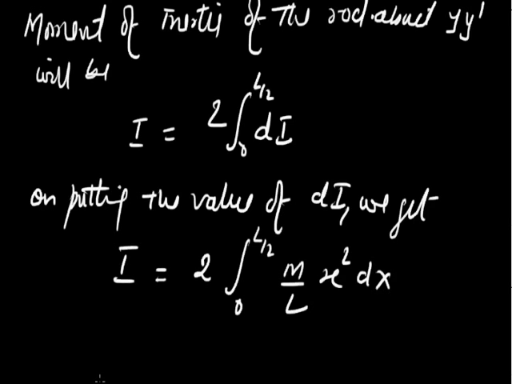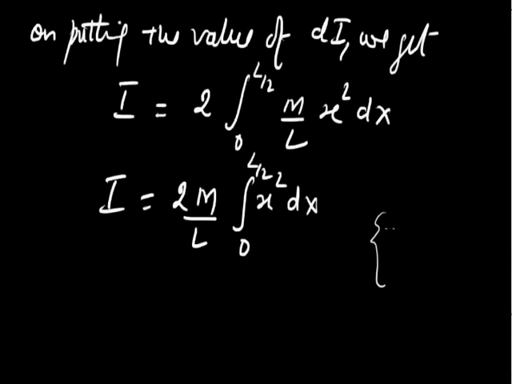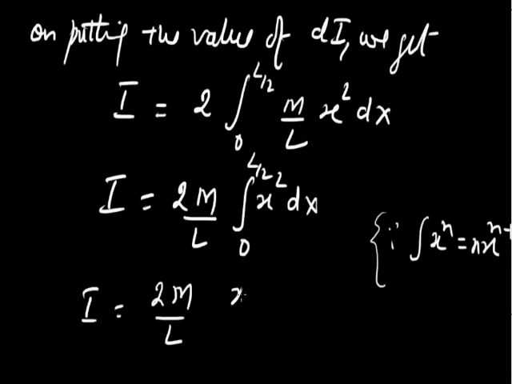M and L are constant, so I is 2 times M upon L and the integration of x square dx from 0 to L by 2, because the integration of x to the power n is x to the power n plus 1 upon n plus 1. So we can also write I will be 2M upon L into x cube by 3 from 0 to L by 2.